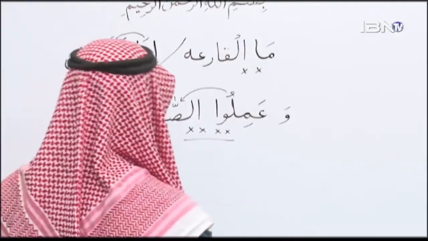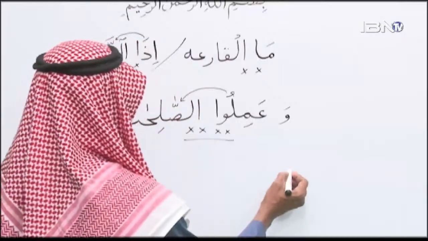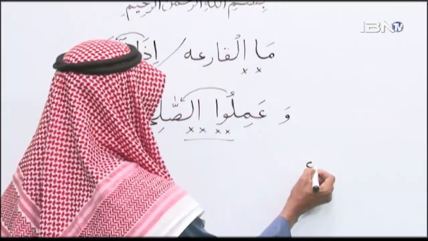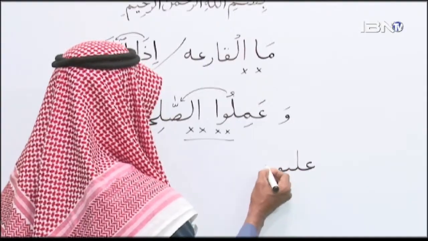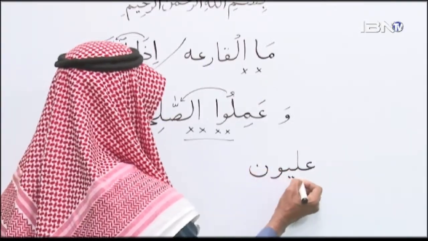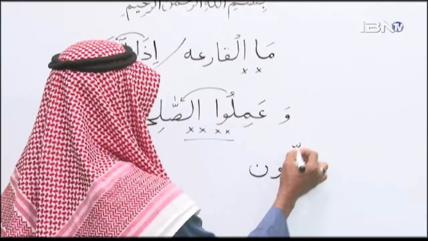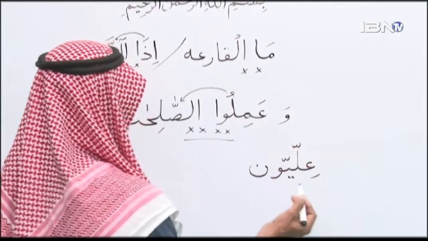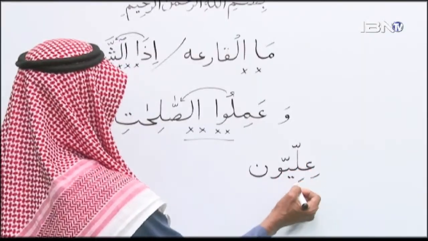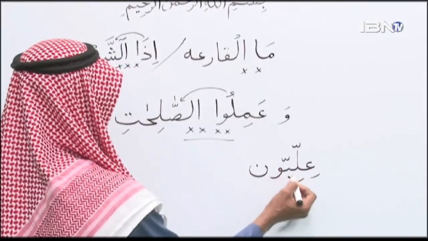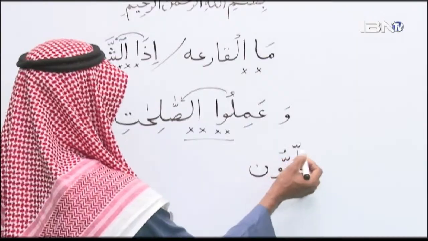All right. Let's look at something else where you have 2 shadda coming together. You may have something like this. Il, li, yun.